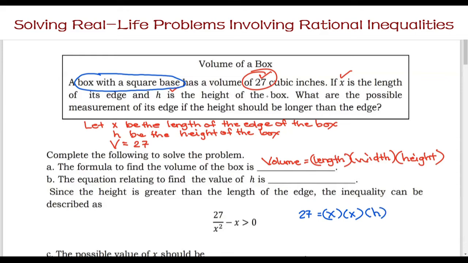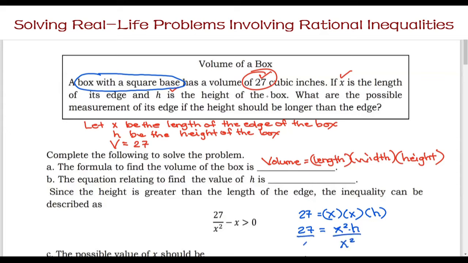And then we simplify. You're going to have 27 equals, what is x times x? x squared times h. To finally get h, you divide both sides by x squared.